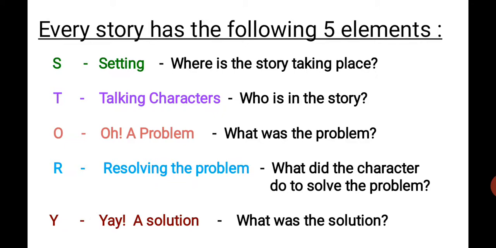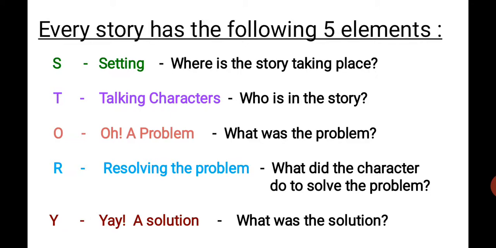So children, these are the 5 important elements that you need to remember before reading any story. And the way is given very clear to each one of you. In this way, you will be able to understand everything and learn it, as the letters of the word story have been taken to make you understand everything.